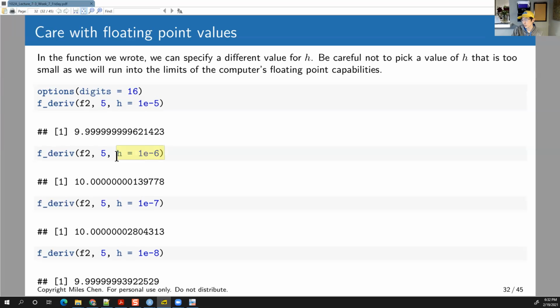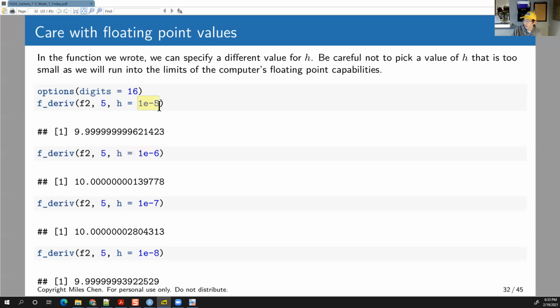In most of my examples, I've been just adding 10 to the negative 6. But you can say, maybe I can get a better approximation of the derivative by adding 10 to the negative 7 or 10 to the negative 8 or 10 to the negative 10. Why don't I just pick an h that's as small as possible? Well, you're not going to get better results necessarily.